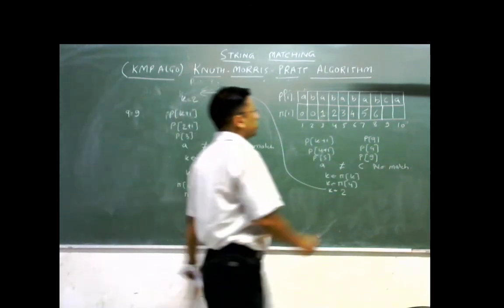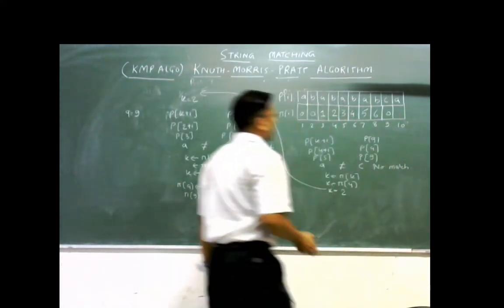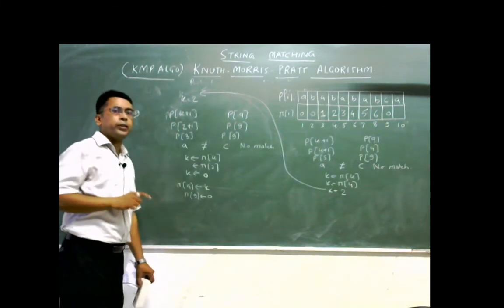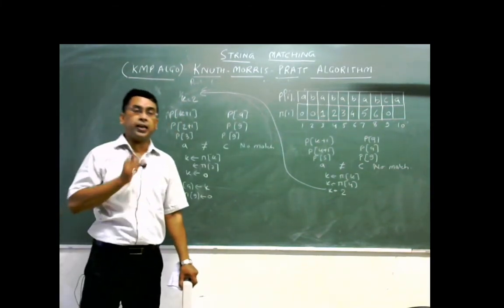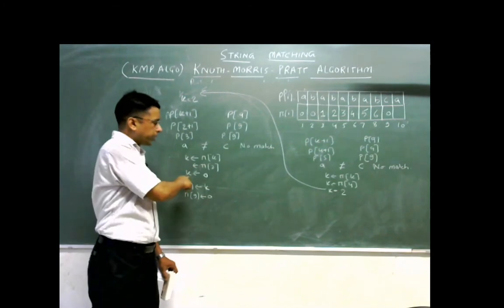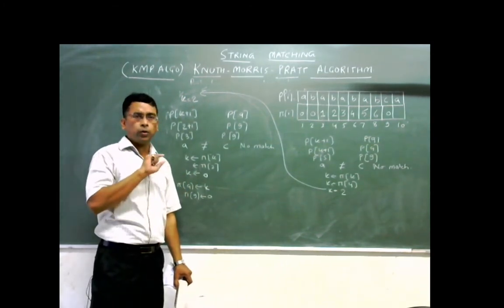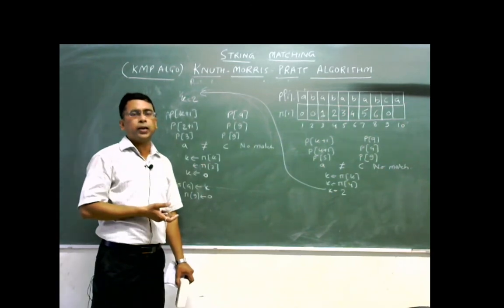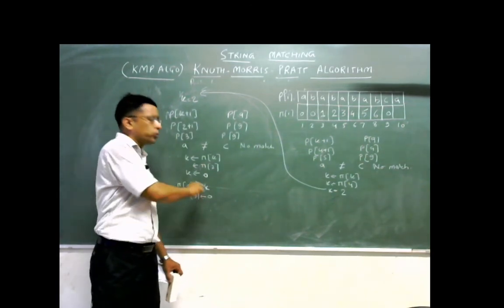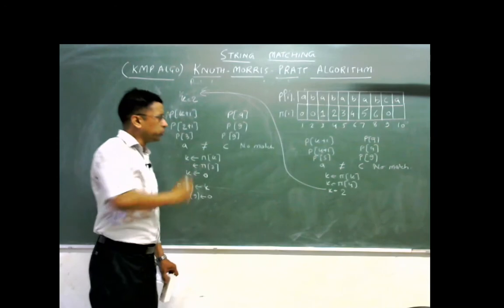Because in the algorithm, the step was for k greater than 0, but here k is equal to 0, so we shall go out of that do while condition, and we shall assign pi q the value of k, that is equal to 0.